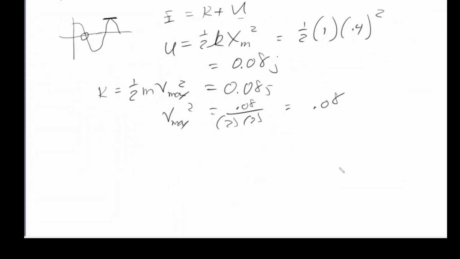So that's Vmax squared. So Vmax is equal to the square root of 0.08, or Vmax is equal to 0.28 meters per second.